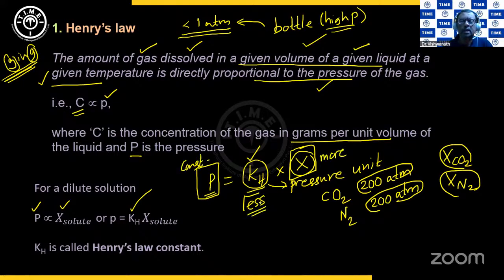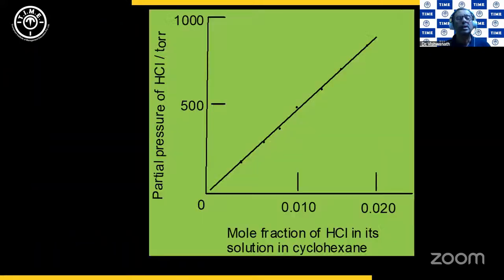If this is less, it means that the solubility is more. So shall we say that a gas having lesser Henry's law constant has got more solubility at a given pressure. Clear? That is what we find out now, that the lesser the KH value, the more the solubility.